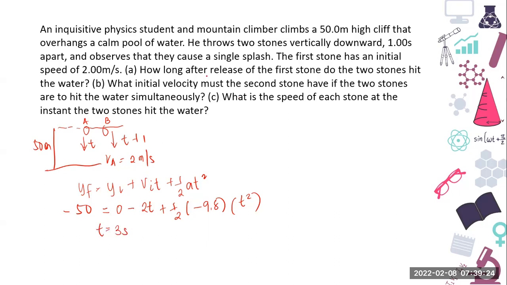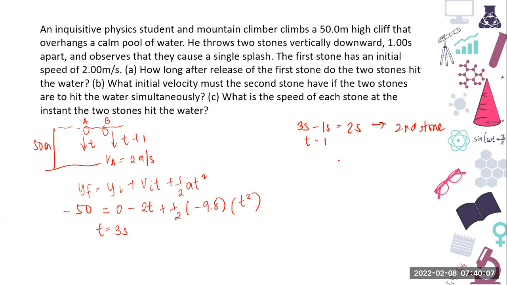Okay. And letter B, what initial velocity must the second stone have if the 2 stones are to hit the water simultaneously? We know that for the time here, the second stone will hit at 2 seconds, because 3 seconds minus 1 second is 2 seconds. This is for the second stone because this is t minus 1. Using the same formula, we just plug in the values.